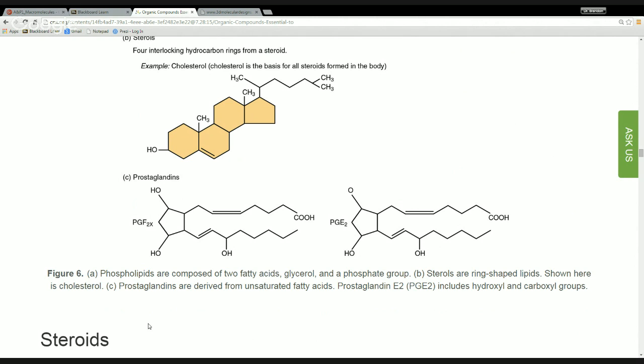And then these things at the bottom, which are called prostaglandins, are lipid derived, but they're actually not hydrophobic anymore because they have a number of things in them. So there's a hydroxyl group here, a hydroxyl group here, a hydroxyl group here, and COOH is just another way of making a carboxyl group.